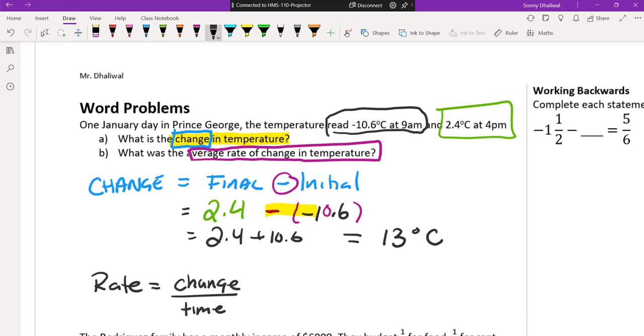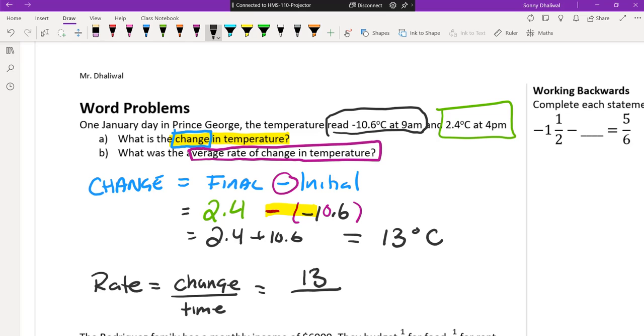What's the change in temperature? How long did it take for that change in temperature to take place? Your rate's always like that. Same like if you're asked next year to calculate speed. It'd be like, how far did you move divided by how long did it take you to move that far? That's your speed. Okay, so our change in temperature is the 13.